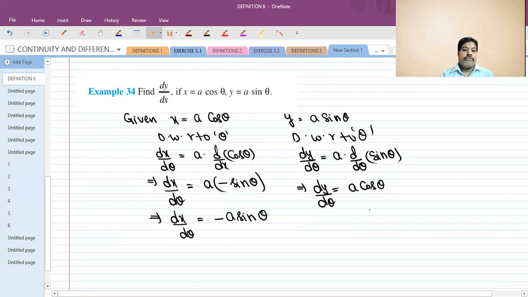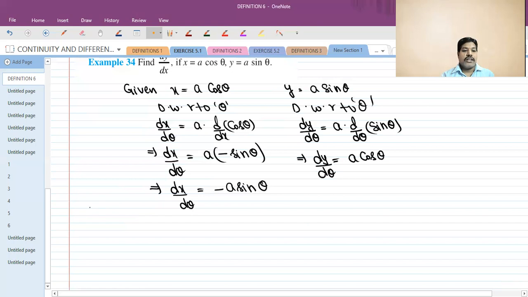So therefore, what is the expression they are asking? dy by dx. dy by dx can be written as dy by d theta divided by dx by d theta, because we are differentiating with respect to theta here.